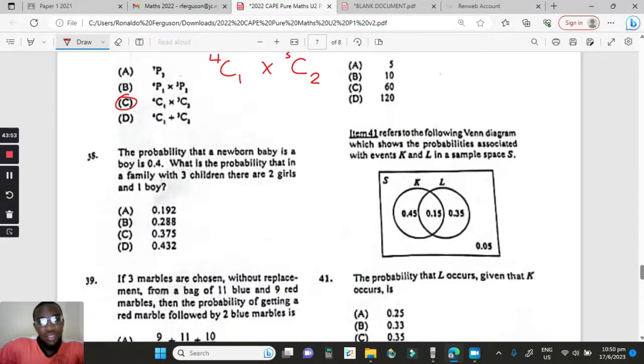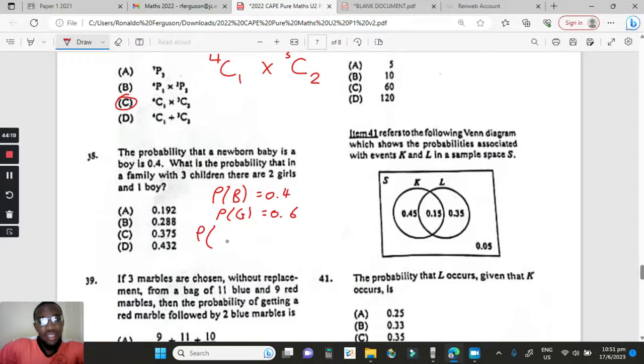Now they said the probability that a newborn baby is a boy is 0.4. What's the probability that in a family with 3 children, there are 2 girls and 1 boy?